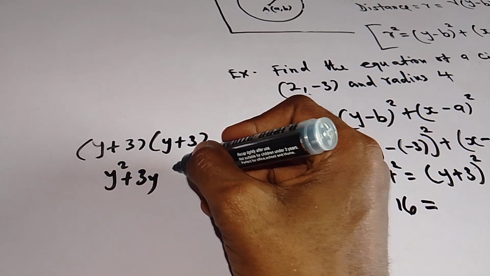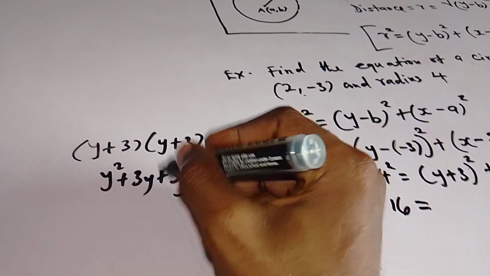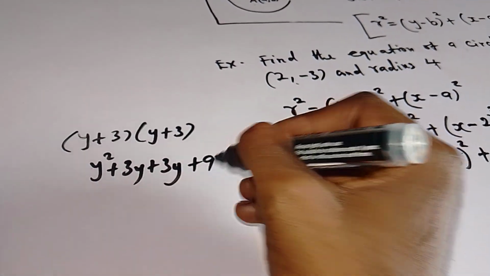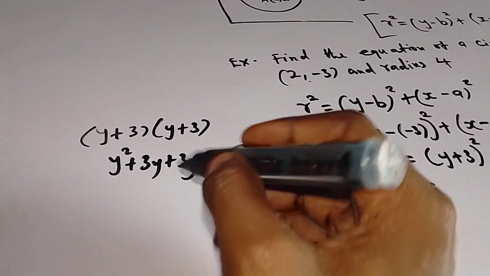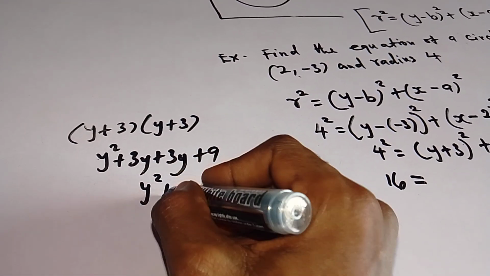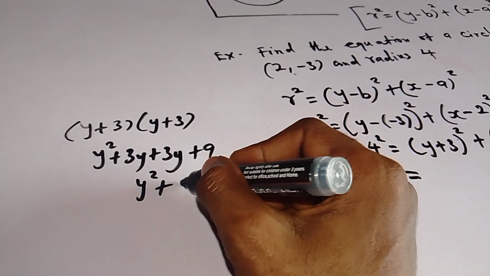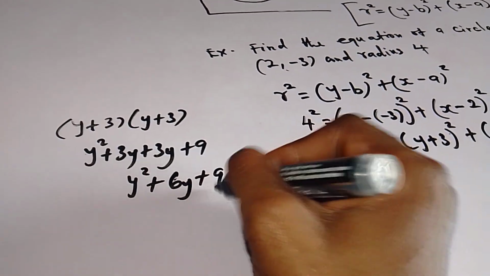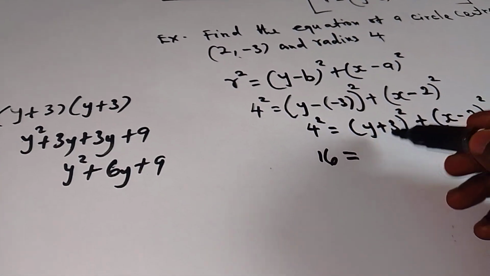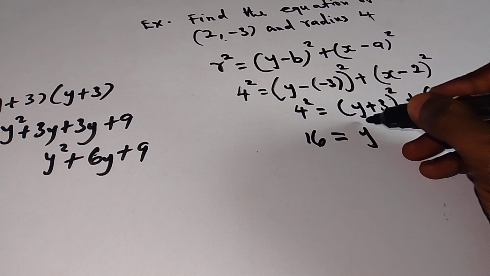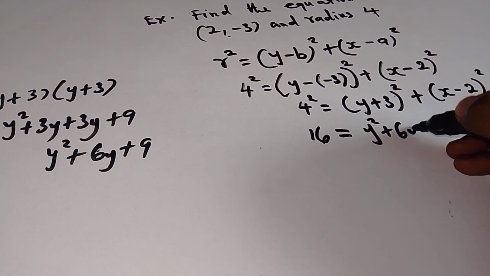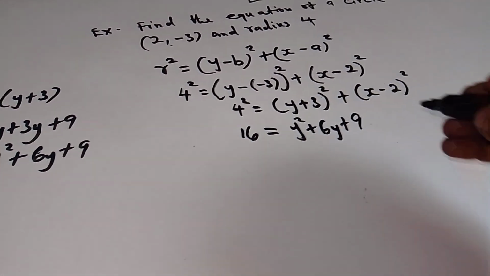Then 3 times y is plus 3y. Then 3 times 3 is 9. Collecting like terms, that will be y squared plus 6y plus 9.